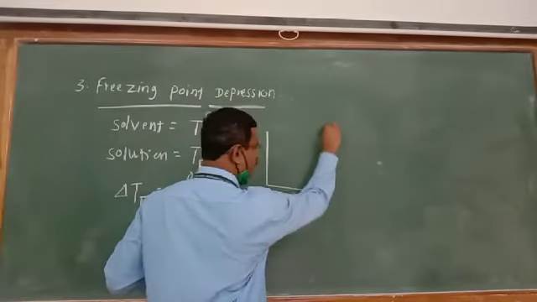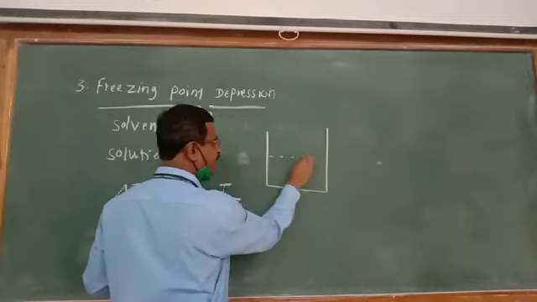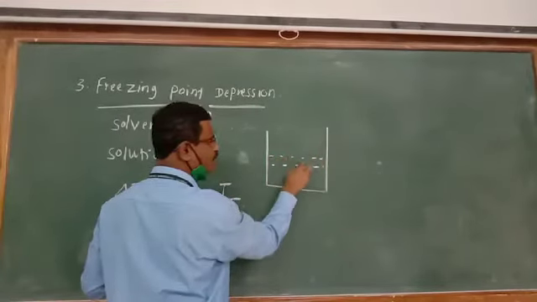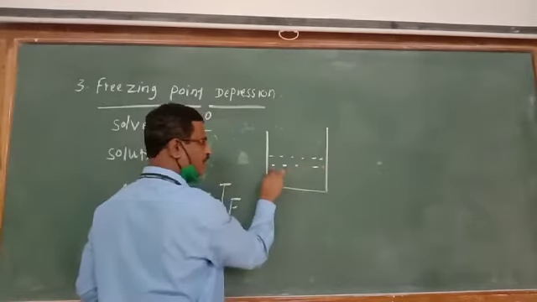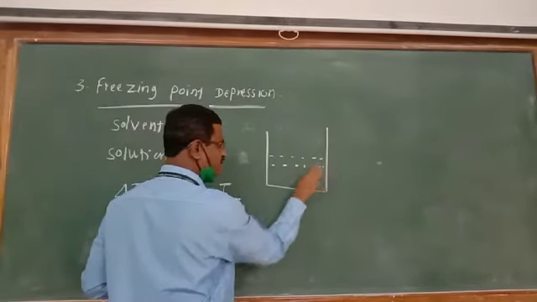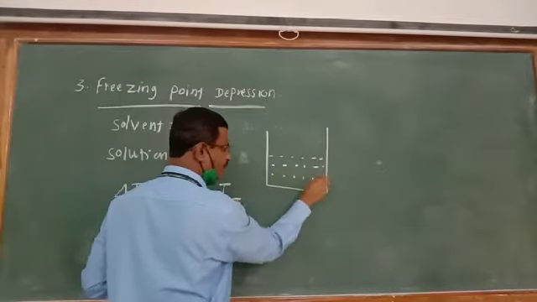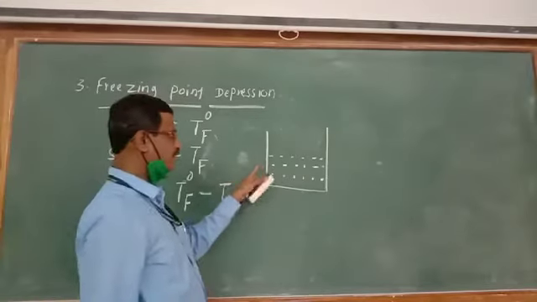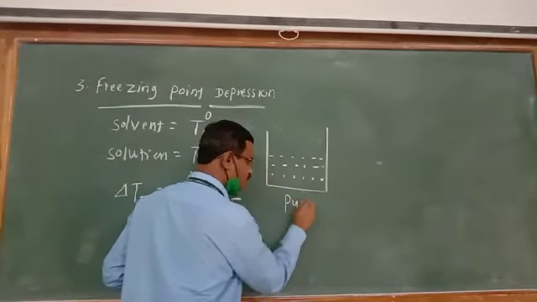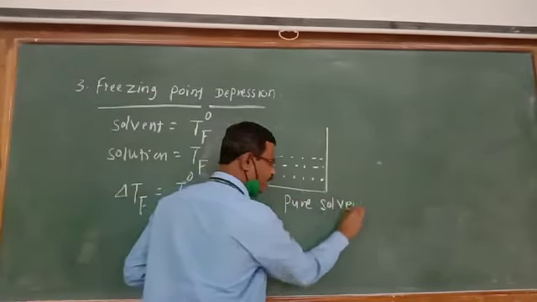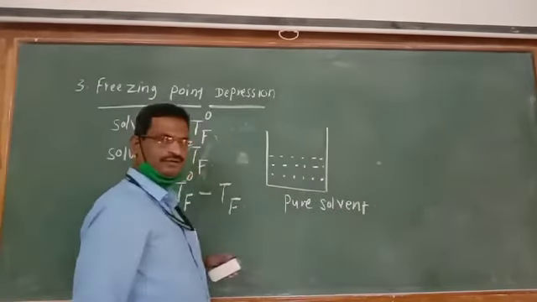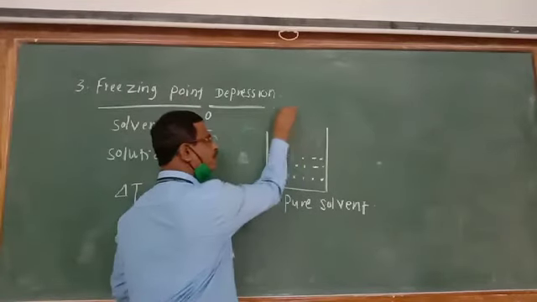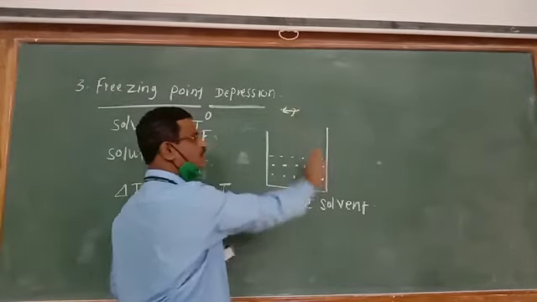Suppose in this beaker I have taken a pure solvent. How many molecules have I taken? 1, 2, 3, 4, 5, 6 in the first row. Again 1, 2, 3, 4, 5, 6. In each row I am taking 6 molecules. These are of pure solvent. Now whenever pure solvent is considered, you observe that the neighboring molecules are close to each other.